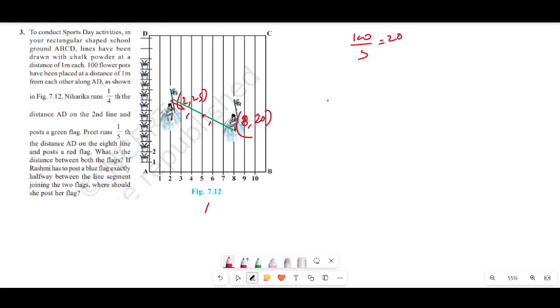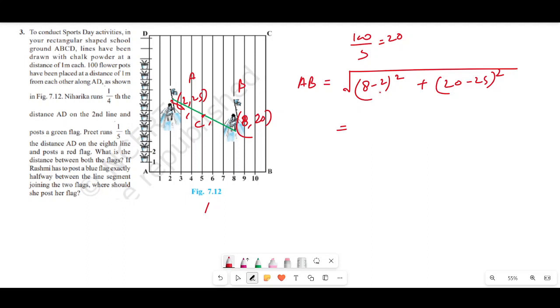Now, how can we find out the distance first? This is A, this is B, this is point C. So AB will be the square root of (8 minus 2) square plus (20 minus 25) square. Clear?